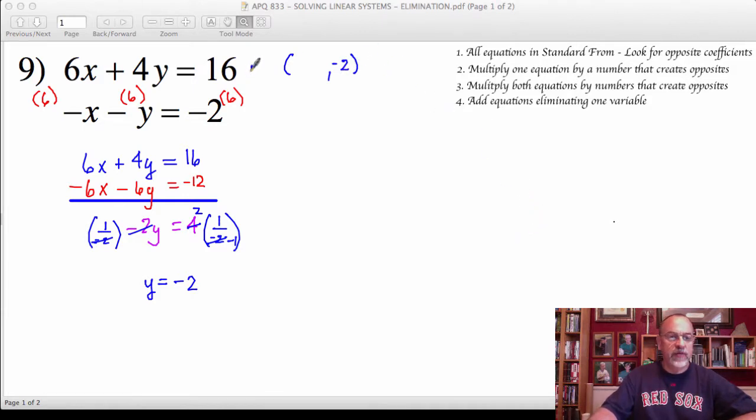And once again, I can go back to either of the two originals or the new equation that I created to determine the value of x by substituting in this negative 2 for the y. I'm going to go ahead and go back to this second equation and substitute in my y value there. So I'm going to copy that equation, and when I come to the letter y, I'm going to put in a negative 2.